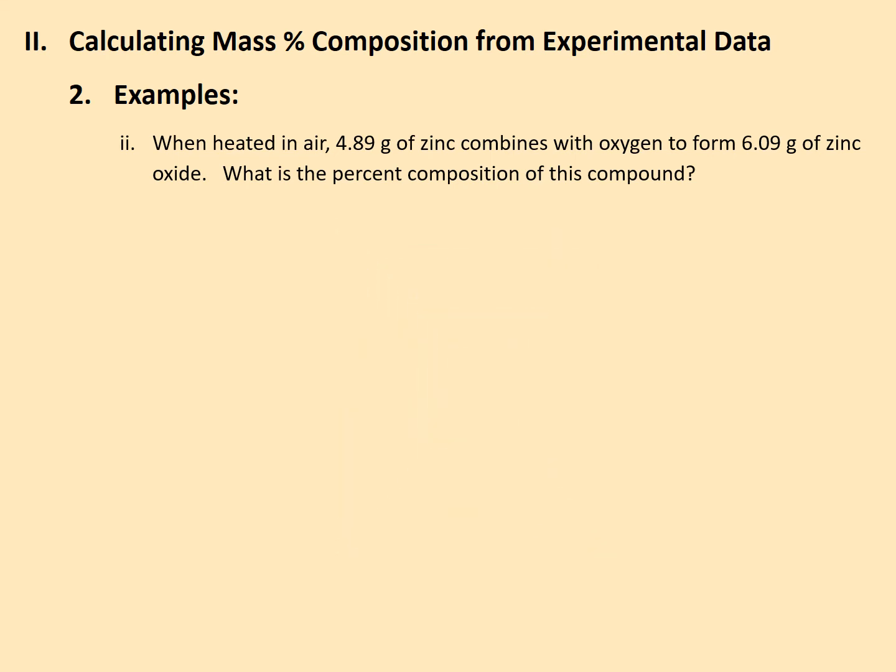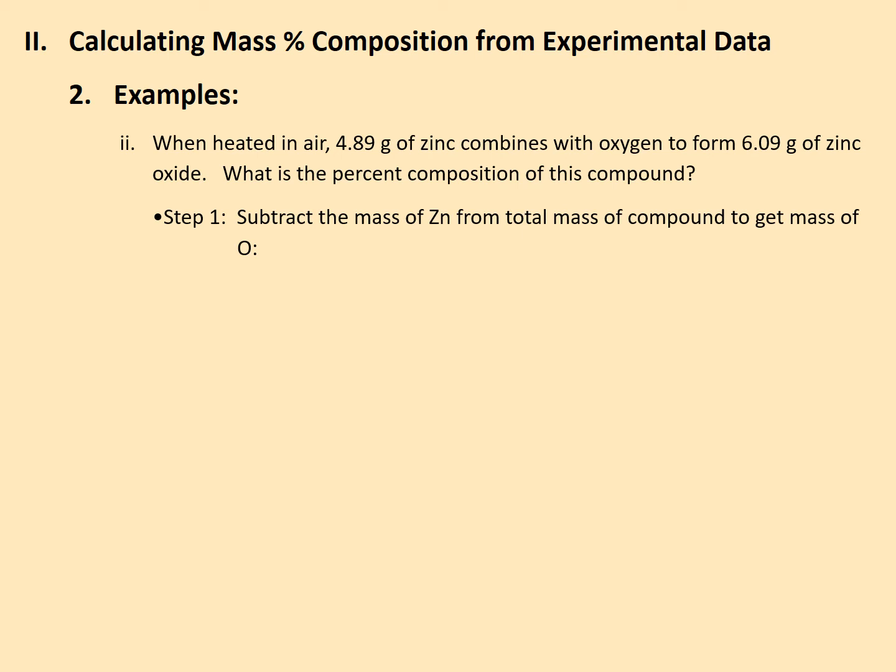The first step, as always, we need to find the mass of each element in the compound as well as the total mass of the compound. You recall in the last problem we were given the masses of all the elements in the compound, which we then had to add to get the total mass of the compound. In this particular problem, we are given the total mass of the compound and the mass of one of the elements.